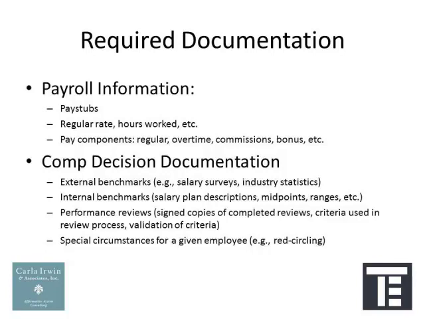So any employee that has a special circumstance, whether it's red circling or whatever kind of special circumstances might occur, you want to be sure that you have documentation of that so that you can identify those people and explain why their salary might appear to be out of line with other similarly situated employees.